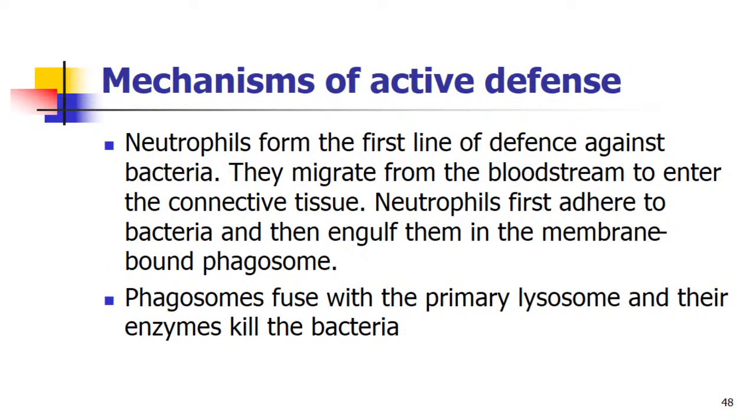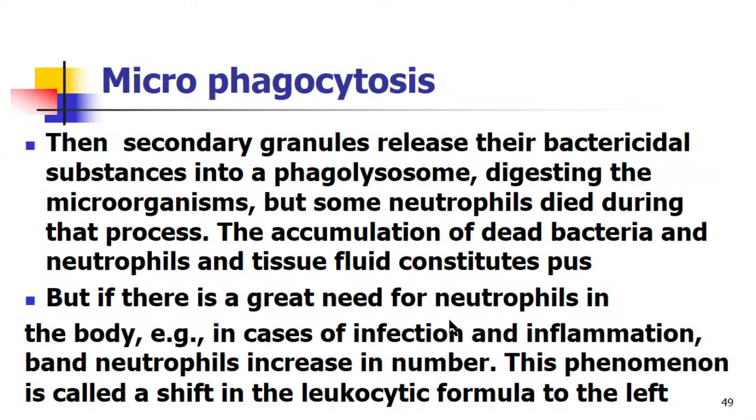Neutrophils form the first line of defense against bacteria. They migrate from the bloodstream to the connective tissue. Neutrophils first adhere to the bacteria and then engulf them in a membrane-bound phagosome. Phagosomes fuse with their primary lysosomes and their enzymes kill the bacteria. That's the name microphagocytosis.